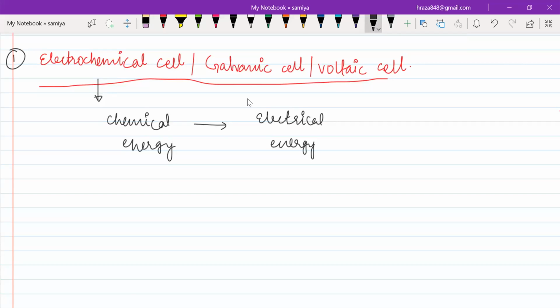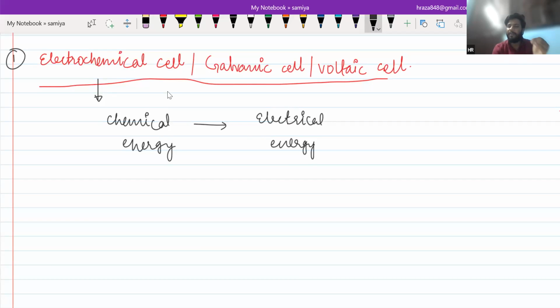Yes, sir. The electrochemical cell is one which converts chemical energy into electrical energy. Also note that this process in the electrochemical cell is due to a spontaneous redox reaction.